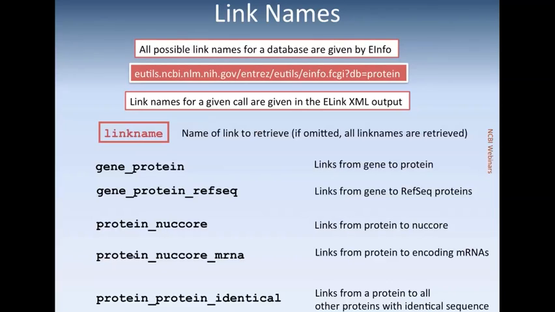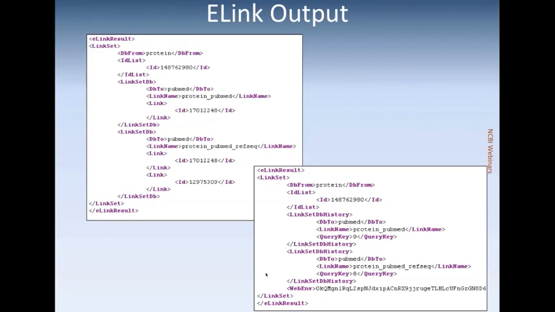I don't want its genomic sequences or other kinds of sequences. protein_nuccore_mrna gives me only messenger RNAs linked to a particular protein. These are just a small number, many, many examples, of links that are available to you. And a lot of these are underutilized. So I would encourage anyone interested in traversing NCBI data to explore these because they're well worth your time. protein_protein_identical gives me, again, all the identical proteins to a particular protein of interest.